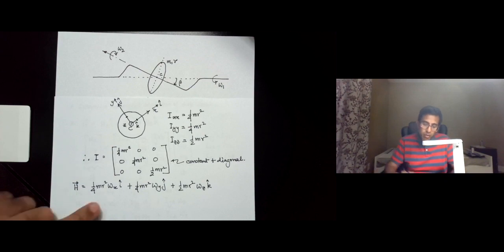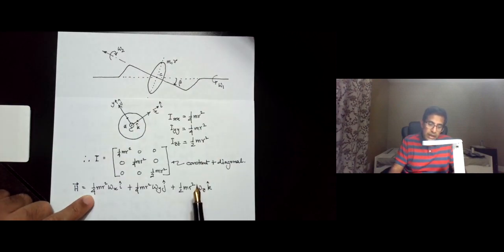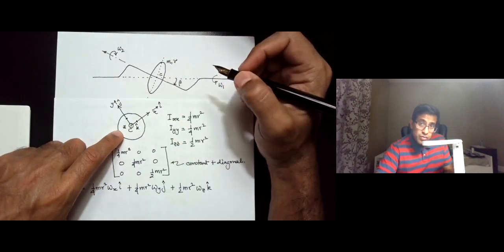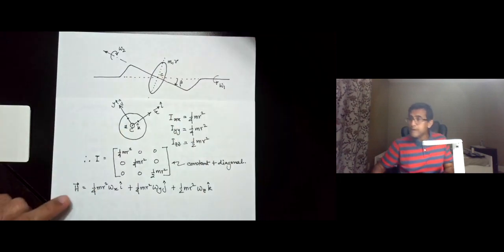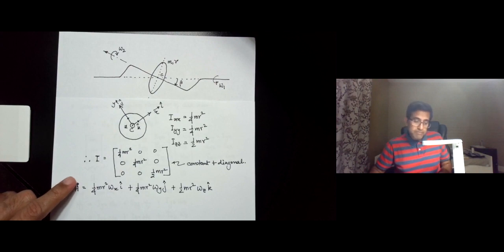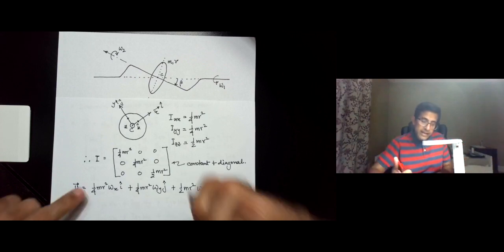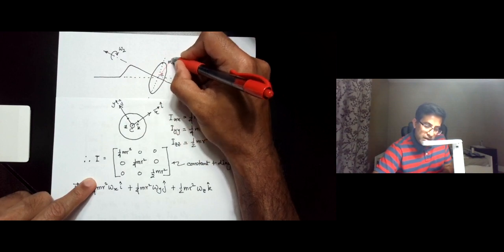Omega x represents, in the context of this problem, let's say my x-axis, which is fixed to the disk. Let's say that the x-axis that I fix to this disk at an arbitrary instant is like this.